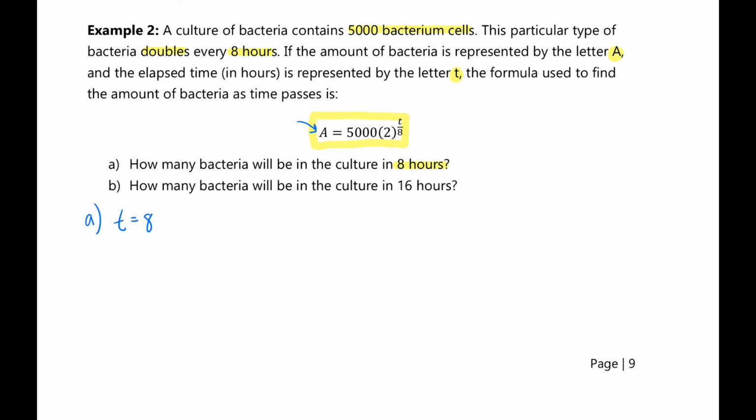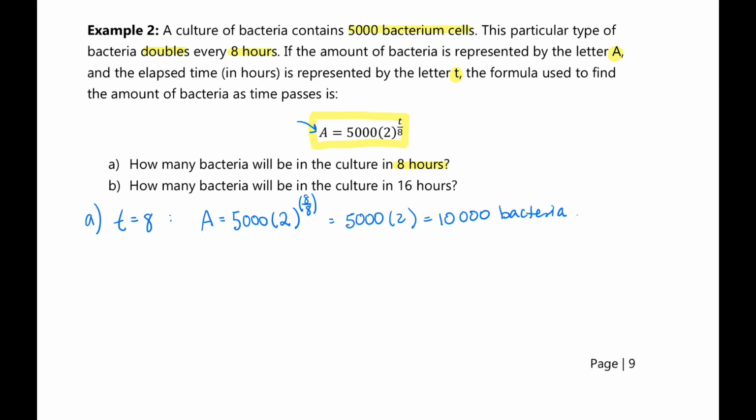So we can say T equals 8, where A equals, we just plug in T equal to 8 into the equation, times 2 to the power of 8 divided by 8, which is just 5,000 times 2. Therefore, 10,000 bacteria in 8 hours.